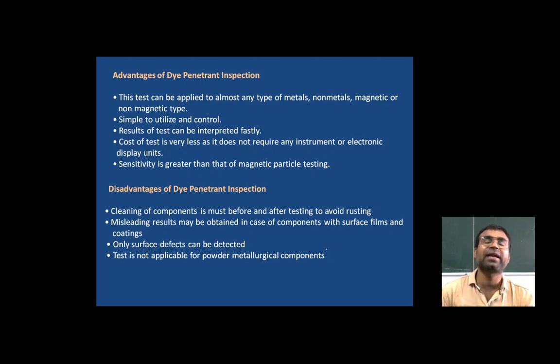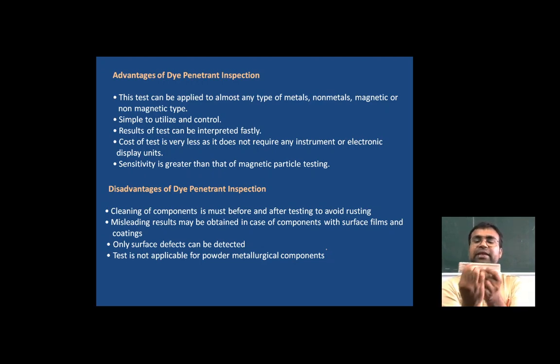Only surface defects can be detected. Yes, this is the most relevant factor in this scenario. The liquid penetration test is used to check surface defects, not subsurface defects. It is used just for surface defects, meaning defects on the surface of the metal or product.